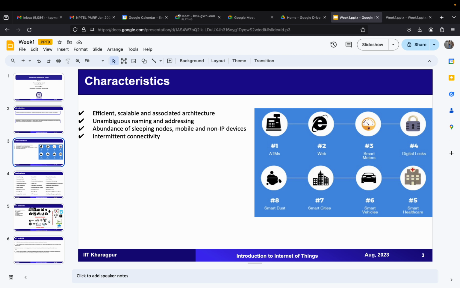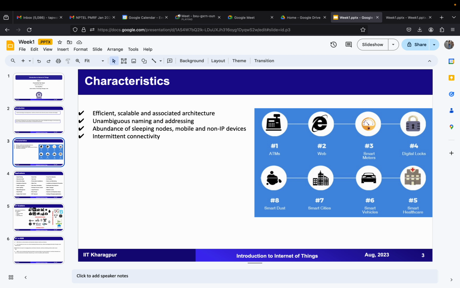Third is abundance of sleeping nodes, mobile or non-IP devices. Sleeping nodes are those nodes which are not doing any particular work at a particular instant of time, but whenever we require those devices, they become active. In the Internet of Things there are various sleeping nodes, and whenever we need those sensors, they become active and start interacting with the environment.